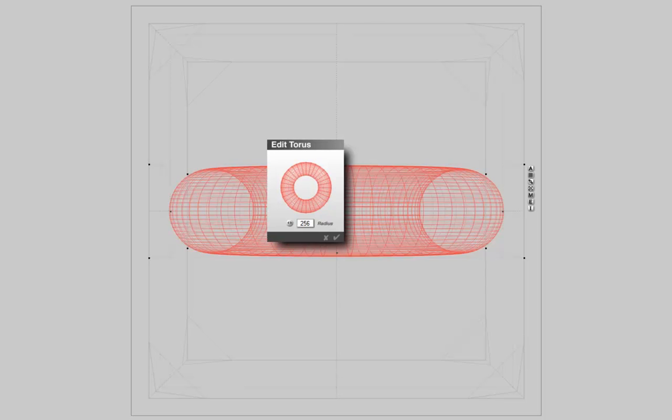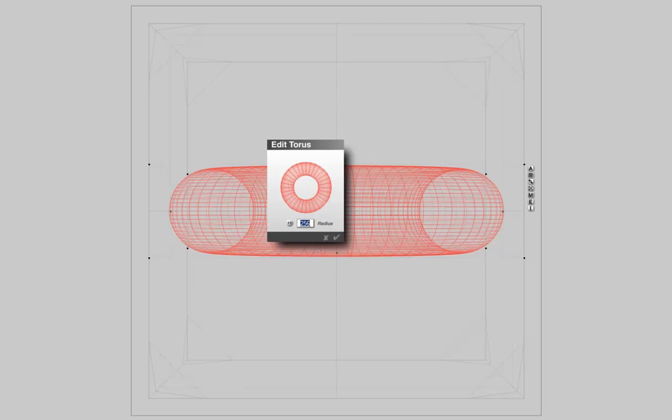Remember, for the torus, a diameter of 20.48 is assumed. If the radius is set to 5.12, which is 512, the diameter of the hose gets to 10.24, which is half of the torus diameter. The torus will become a donut.